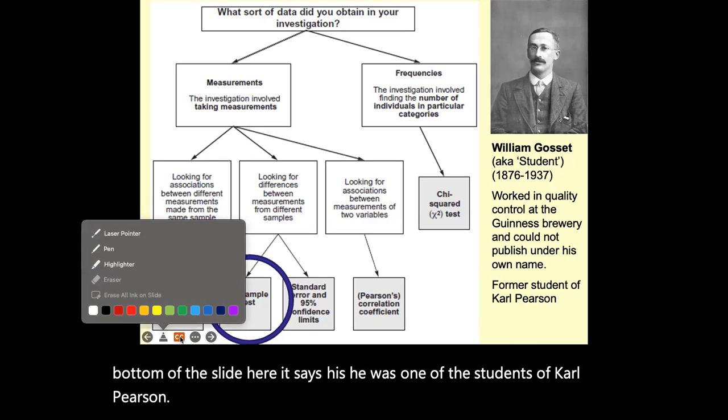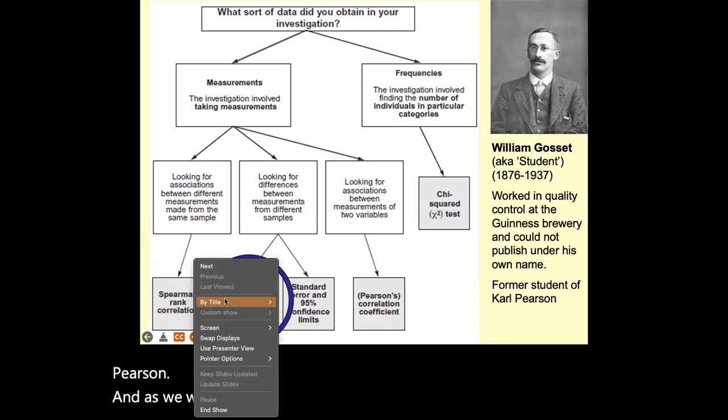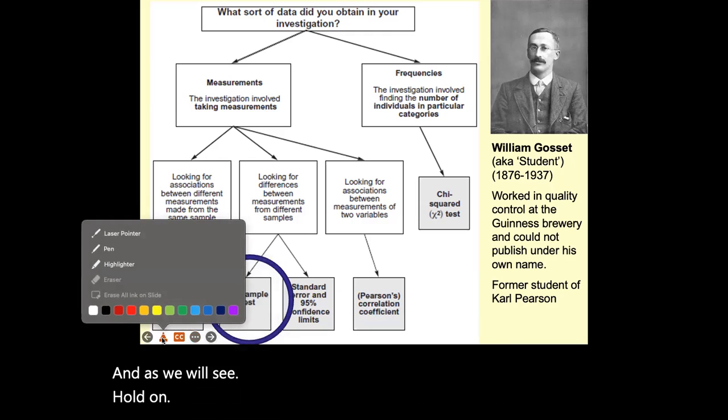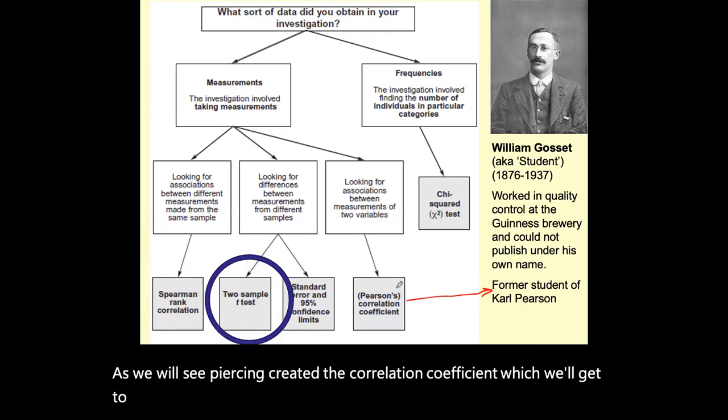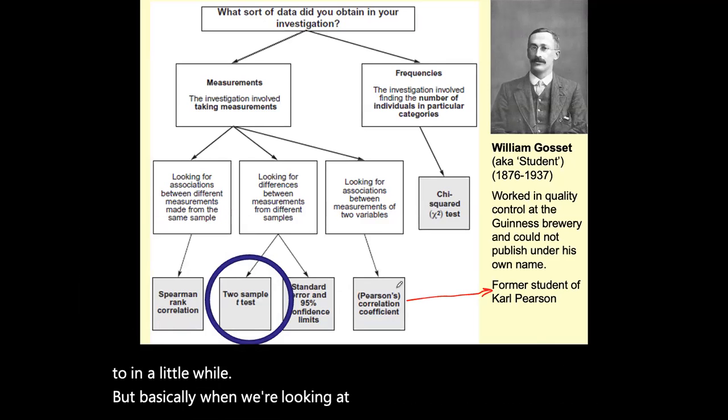And as we will see, Pearson created the correlation coefficient, which we'll get to in a little while. But basically, when we're looking at analyzing data, we have a decision-making tree.